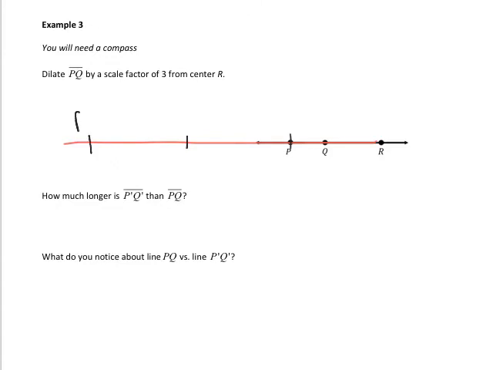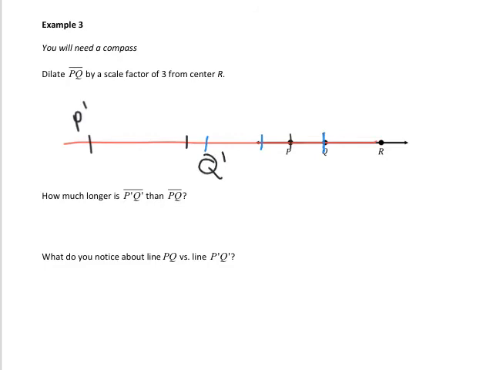This is P prime. We do the same thing with Q. We mark the distance between R and Q with our compass. I'm going to make that blue. And then we come out and mark off that same distance. So this is Q prime.